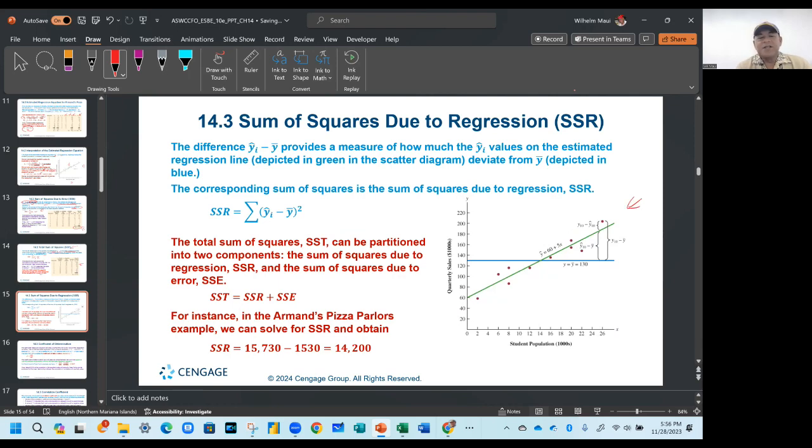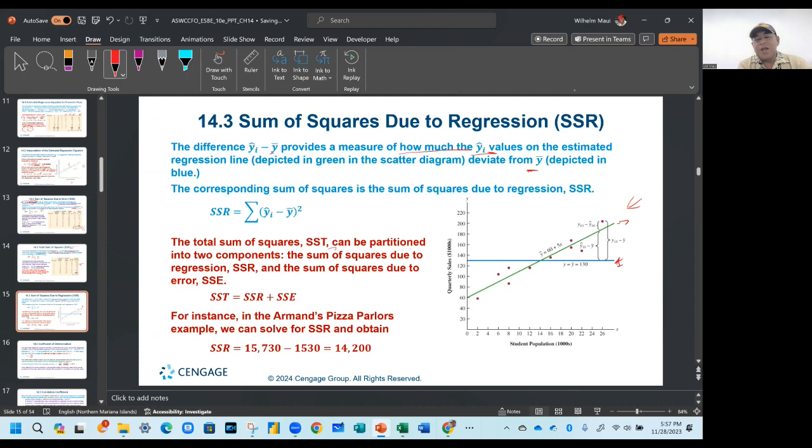So the difference of the estimated value, or rather the predicted value, and your mean provides a measure of how much that y hat on the estimated regression line deviates from your average. So here's your y hat, and this is your average of y, and this is your y hat, no? Okay, so hopefully when you see these, it's familiar from the previous chapter, right? We're just using it in a different procedure.